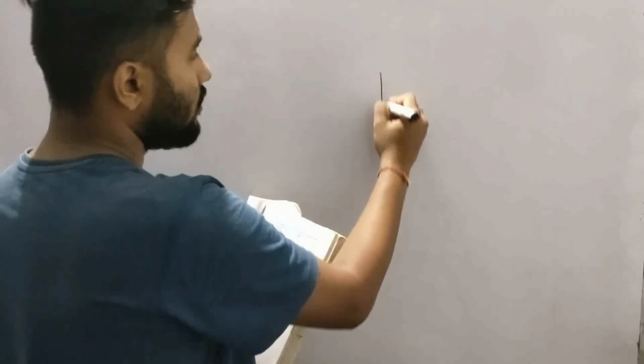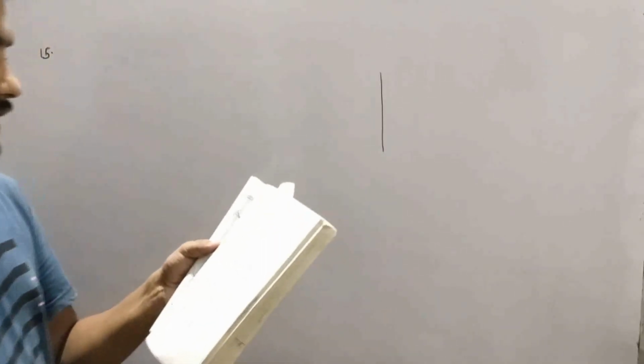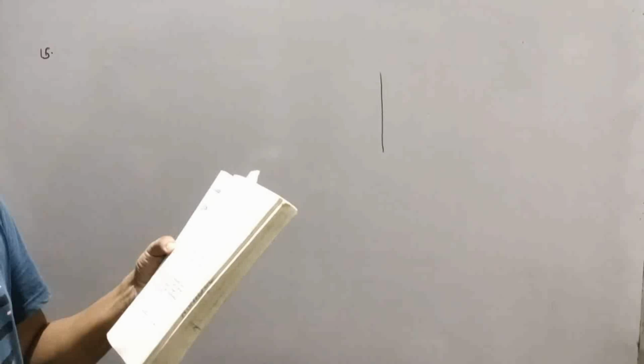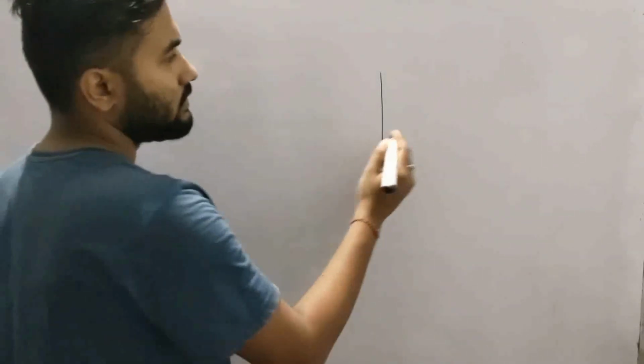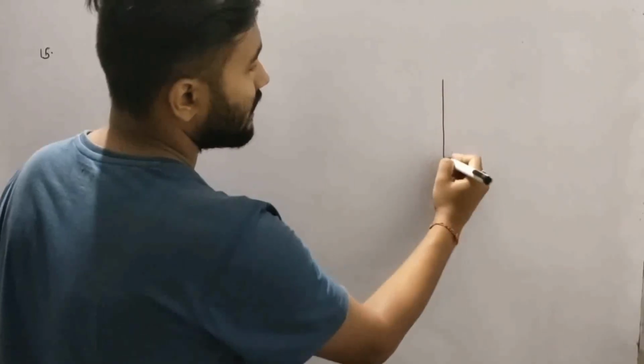15, let us start. A vertical pole of length 6 meter. This is the vertical pole.